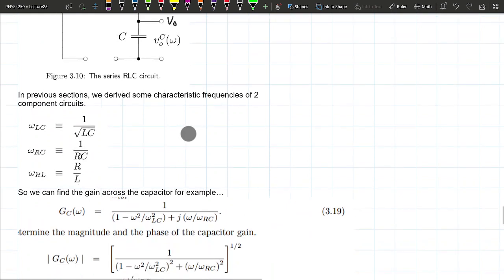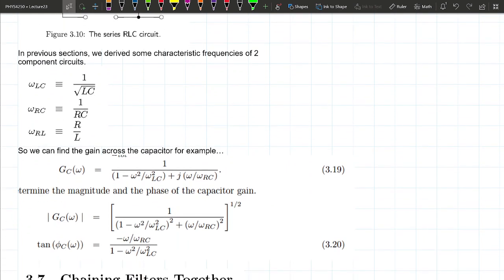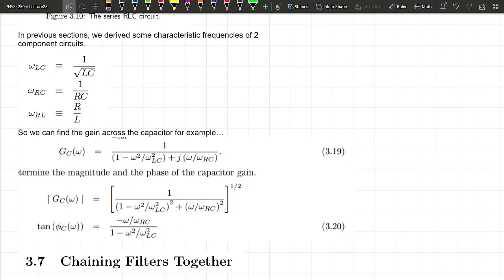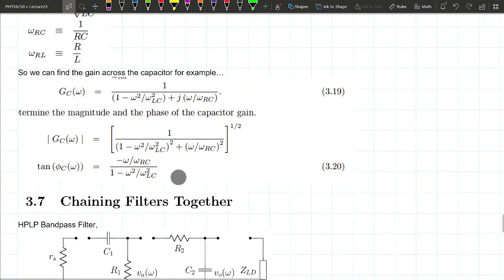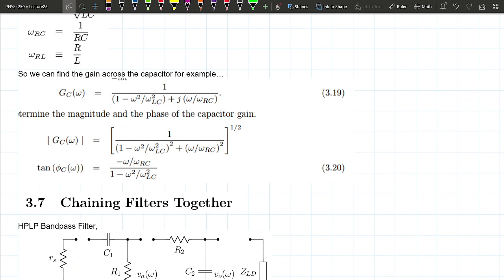And the book tells you all the results. I don't think the book derives it, which is good, so that way you guys get to. It just gives you all the results. You have a similar behavior where the magnitude of the gain still has this omega squared over omega LC squared. So when this is equal to 1, this whole term disappears, so you get the resonance at omega LC, whatever that number is.